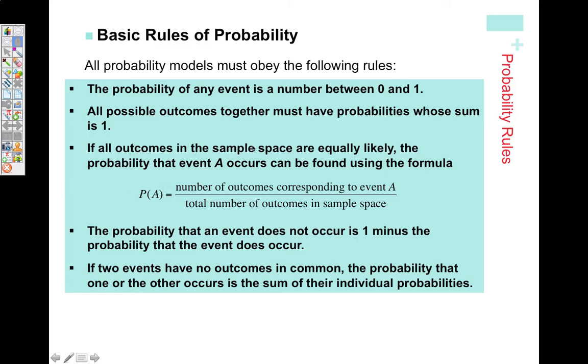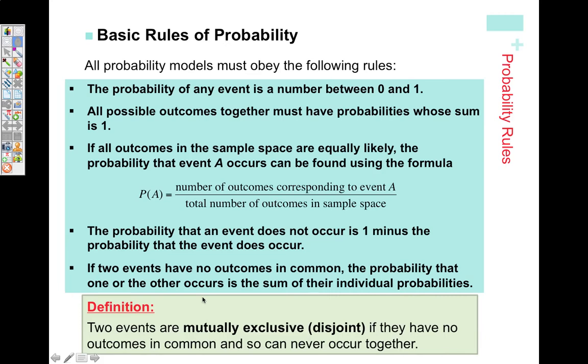And if all outcomes are equally likely, the probability that A occurs can be found using the formula number of outcomes corresponding to event A over total number of outcomes in sample space. I like to think of this as possibilities divided by totals. The probability that an event does not occur is 1 minus the probability that it does occur. And if 2 events have no outcomes in common, the probability that one or the other occurs is the sum of their individual probabilities.